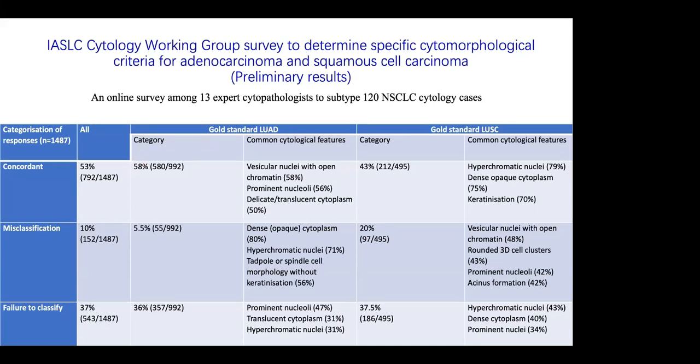That looks easy. They are all dedicated to the pathology of the lung. But look, we were totally concordant in 60% of the cases. So that means that in 40% of the cases, there was a problem. Either misclassification, calling it adeno when it was squamous, or we said, okay, we cannot classify.